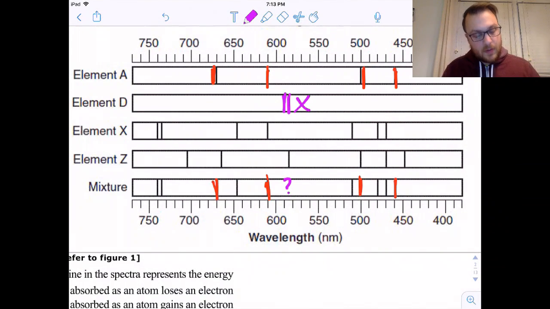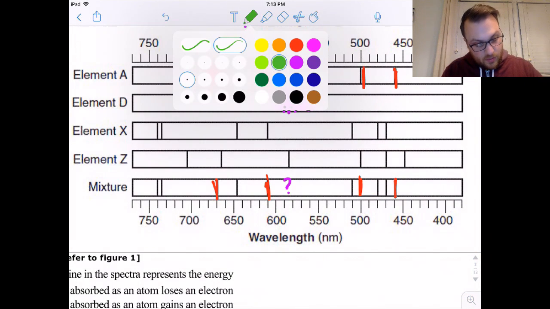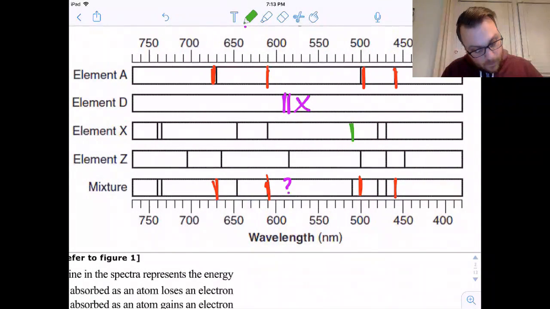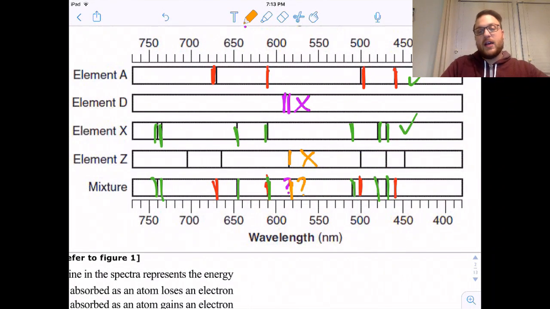If I were to look at element D, it is not in the mixture. If I were to look at element X, I would say element X is in the mixture. And if I were to look at element Z, I would say element Z is not. So read it from the top down. Don't read it from the bottom up.